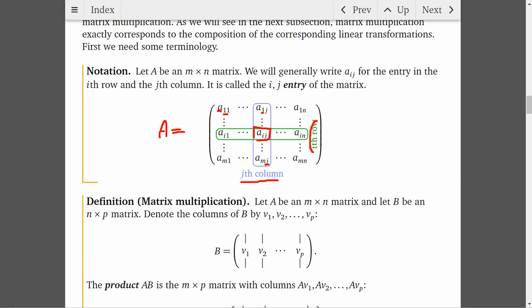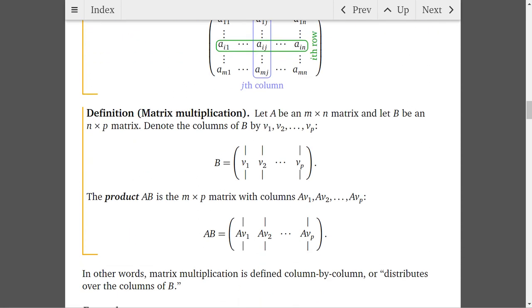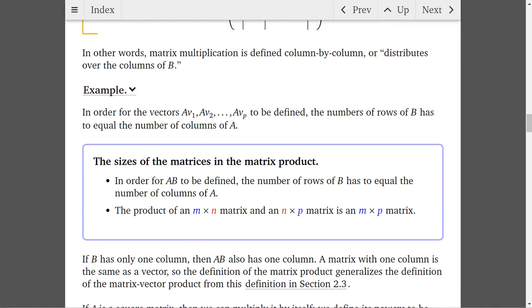So all of these on the top have first index 1 because they're in the first row. And they're pointing out that we were just multiplying matrix times columns.